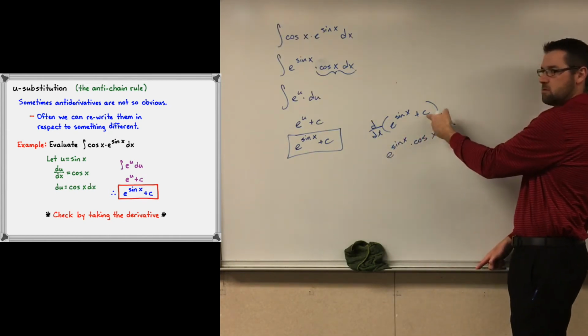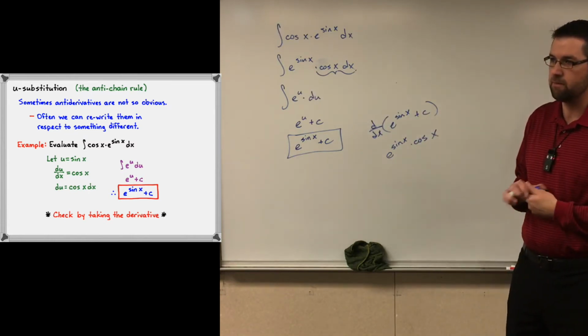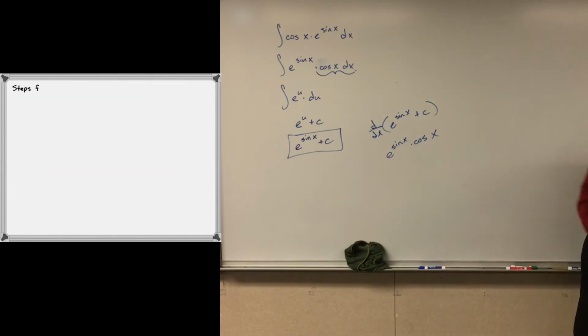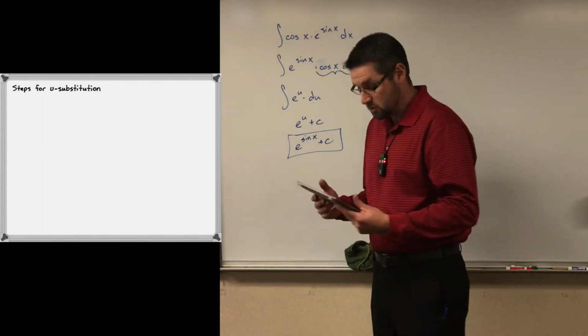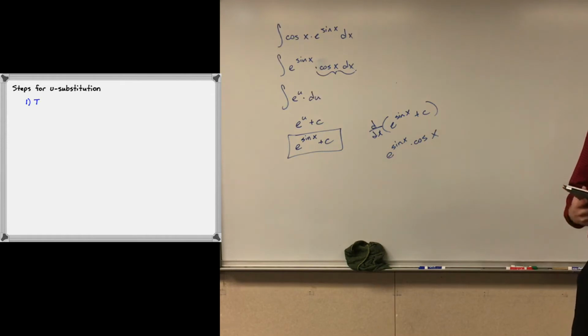What's the derivative of c? 0. And so you can see that's what I started with for the integrand, right? You guys okay with this? Okay. So let's go through the steps of this. There's a lot of steps, but once you get practice with this, and we're going to spend a few days on this, okay?